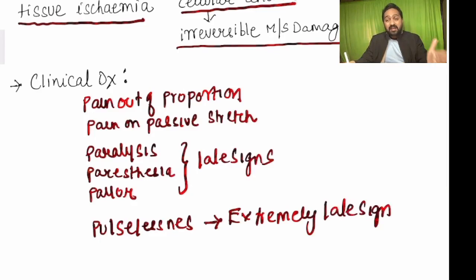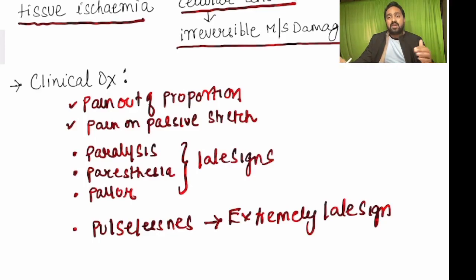By the time you wait for pulselessness to develop, it would be too late. It would generally present with pain out of proportion and pain on passive stretch. Then you have your late signs, which include paralysis, paresthesia, and pallor, and an extremely late sign, which is pulselessness.